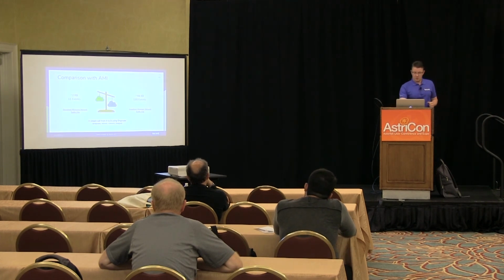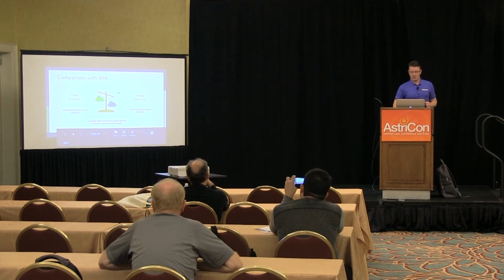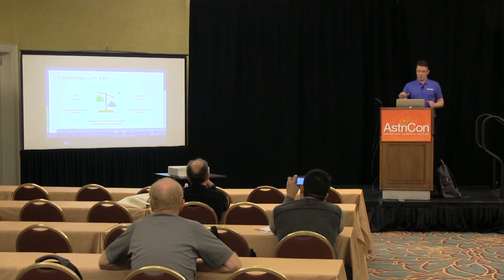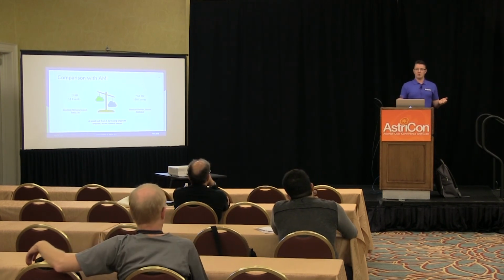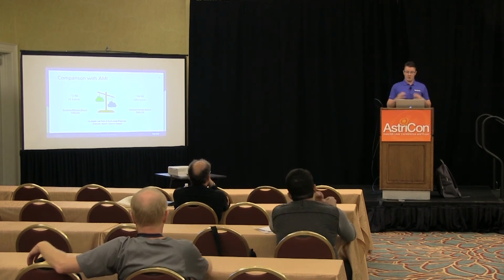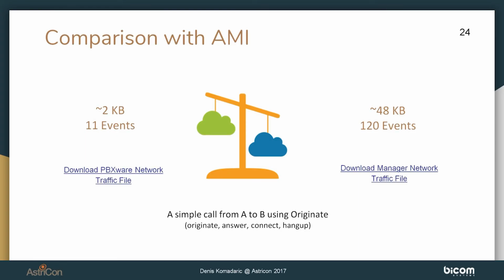And I would like now to show you one simple example and the comparison. So when I was doing this presentation, I made a simple call from A to B using originate command. So, click to dial example. And I created a comparison where this is how output from this gateway looks like. So JSON, very straightforward JSON events, like you see call started here, for example.